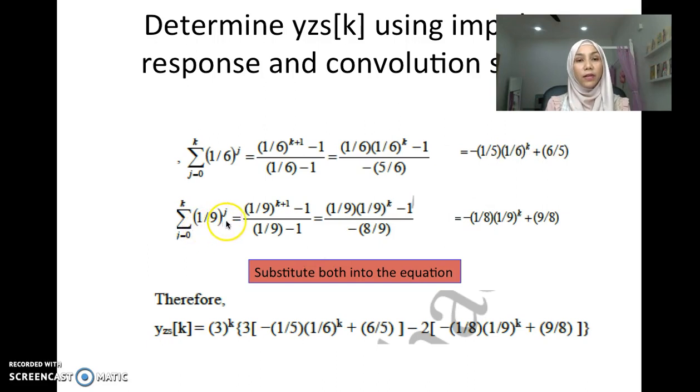And then the summation of (1/9)^j equals (1/9)^(k+1) minus 1 over 1/9 minus 1. When you solve everything, you will get minus 1/8 (1/9)^k plus 9/8. Alright? And then substitute both back into the equation.